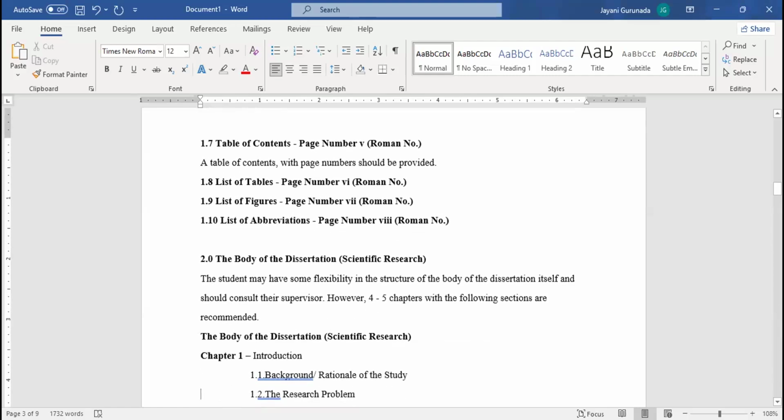Now here, for the table of contents, you can just refer to a master's or bachelor's dissertation from the internet. The table of contents is page number Roman number 5, right? 1.7, table of contents from page number 5, Roman.